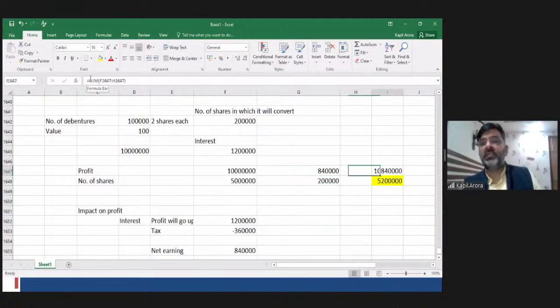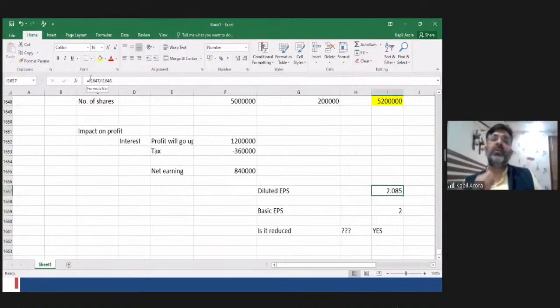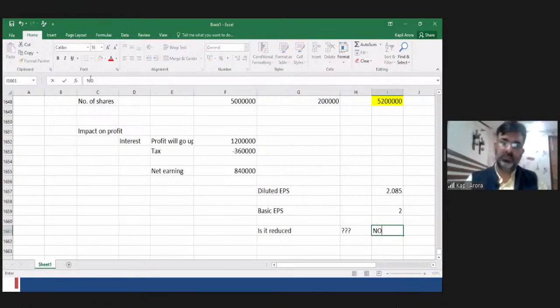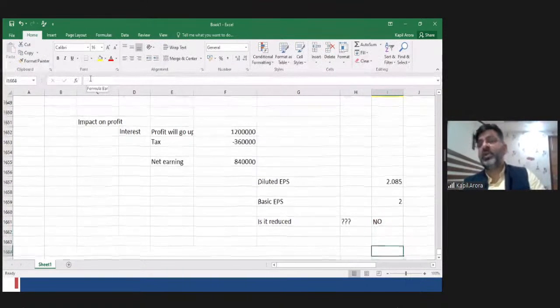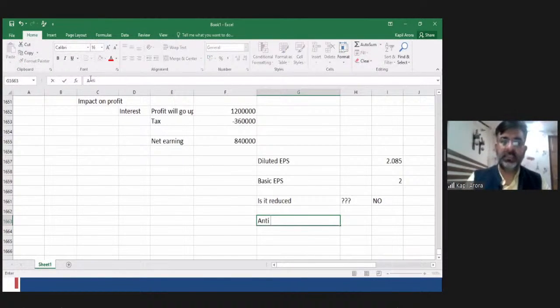Now, if I convert it this way, what would my new EPS be? New diluted EPS is 2.085, whereas basic EPS was 2. Is it diluting? Is it reducing? Answer is no. When it is not reducing, this kind of convertible or potential ordinary shares are known as anti-dilutive EPS.